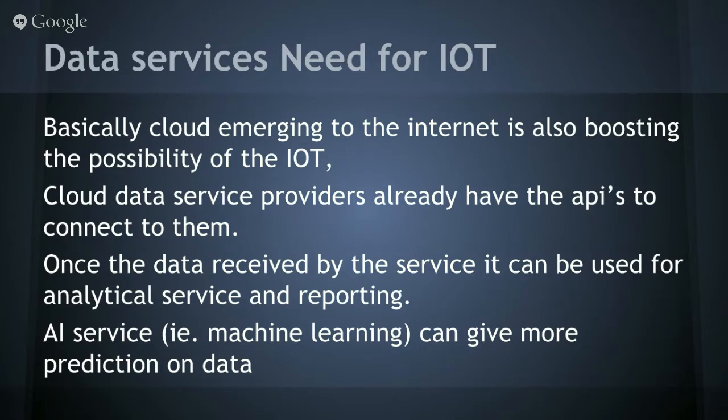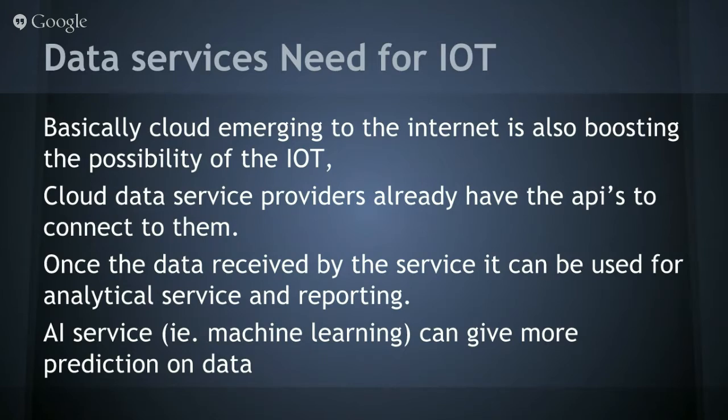AI services like machine learning can give more prediction data. It can predict more. It means you have a heartbeat monitoring system, a face recognition system, a blood pressure monitoring system surrounding you, and it predicts whether you have some problem or you are fit today. Or, based on your food habit pattern for the last few days, it suggests you should go to this restaurant, this is very good for you.